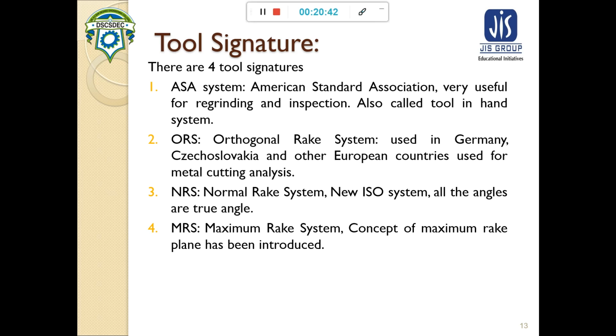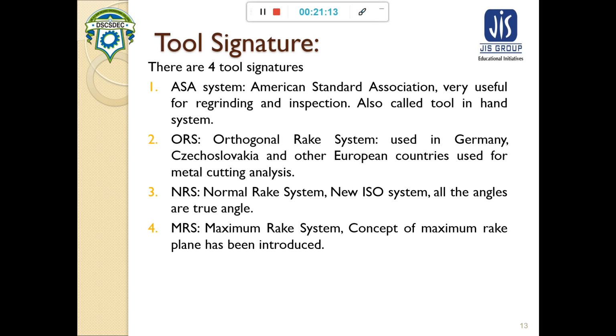Next, there are two modern systems. First one is the NRS system, that is called normal rake system. This is the new Indian standard organization system in India, and right now this system has been followed. In case of the NRS system, each and every angle is a true angle, that means there are no imaginary angles in the tool signature.